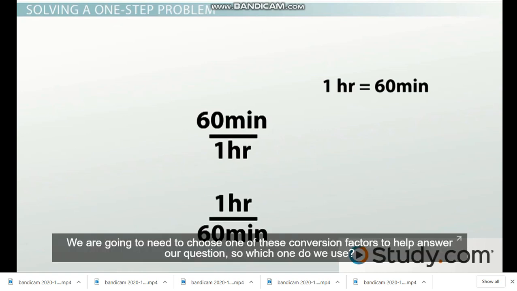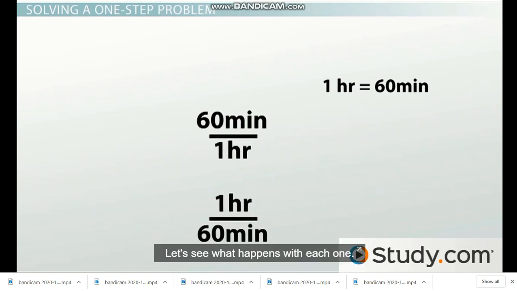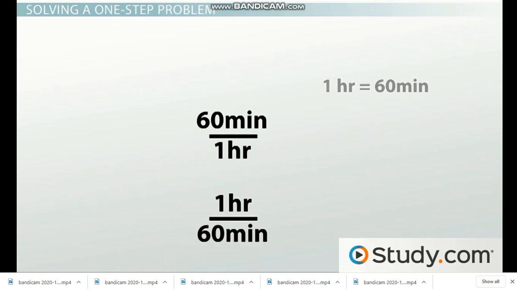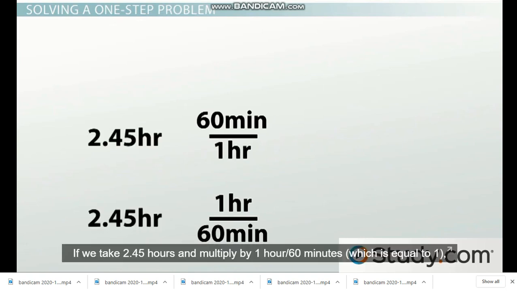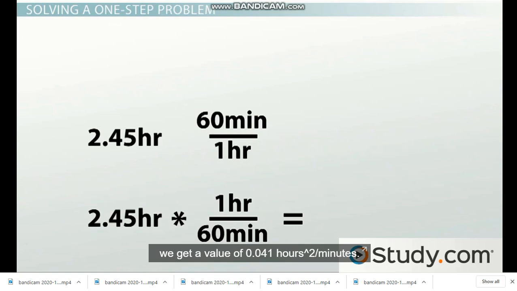We're going to need to choose which one of these conversion factors to use to help answer our question. So which one do we use? Let's see what happens with each one. If we take 2.45 hours and multiply by 1 hour over 60 minutes, which is equal to 1, we get a value of 0.041 hours squared over minutes.